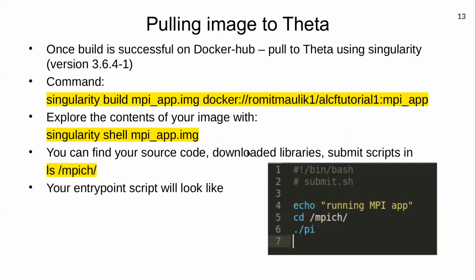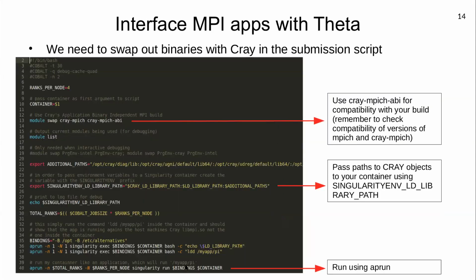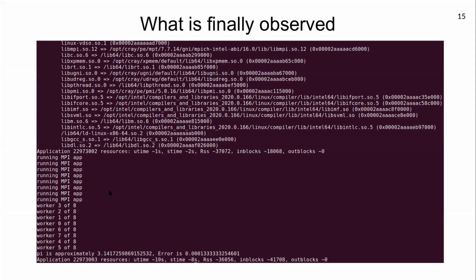You don't really have to go in and build your own thing, but that would obviously be what you do downstream. You would see something like this, which is basically just each worker checking in and computing the pi in parallel. And so this is something that you will get.